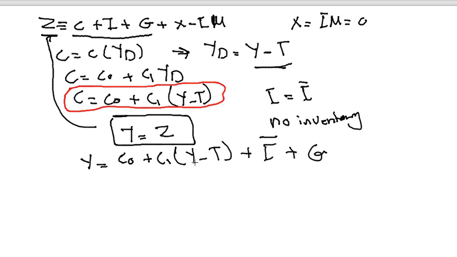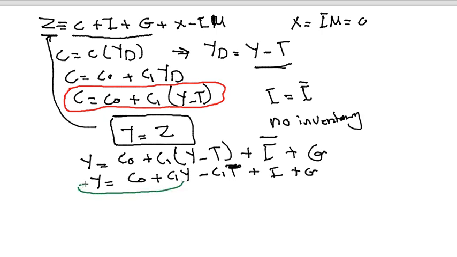So from here we can just expand this. Basically you multiply C1 times Y and C1 times minus T. So that means Y equals C0 plus C1 Y minus C1 T plus I plus G. And then all we need to do from here is collect the Y terms on one side.